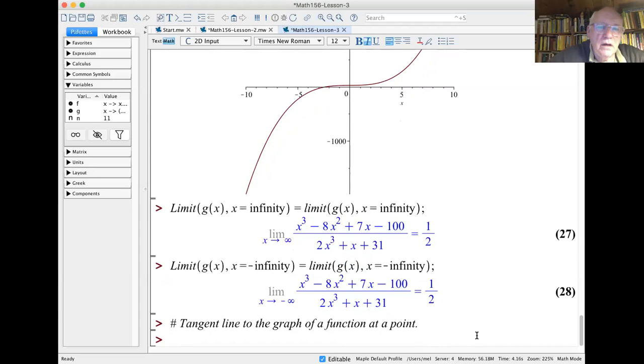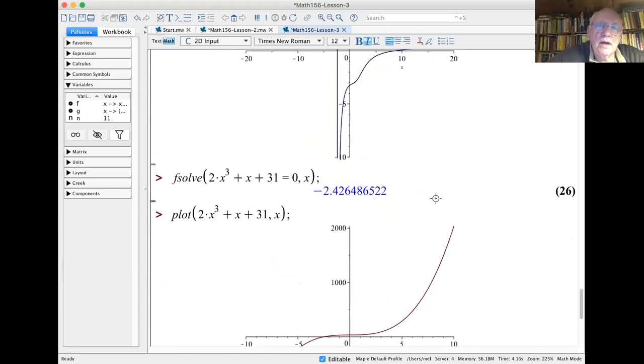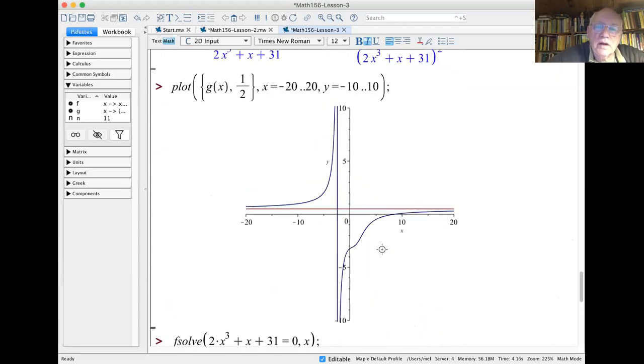So, for example, at this function, let's find the tangent line at x equals 5.